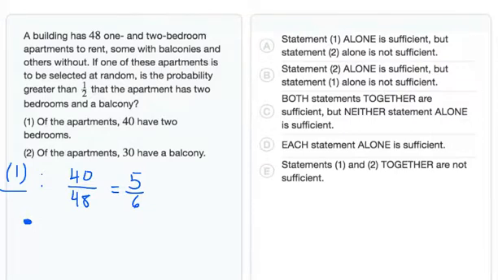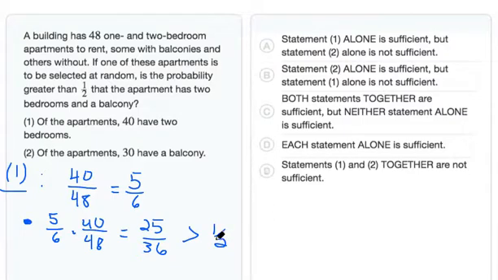Then the probability of selecting a 2-bedroom apartment with a balcony is 5/6 times 40 over 48, which equals 25 over 36. And this is greater than 1/2. So the answer to the question here would be yes.